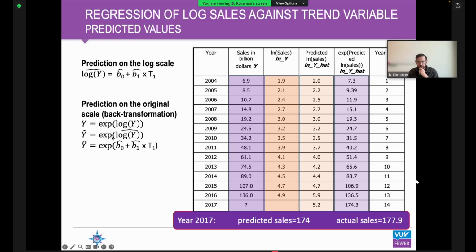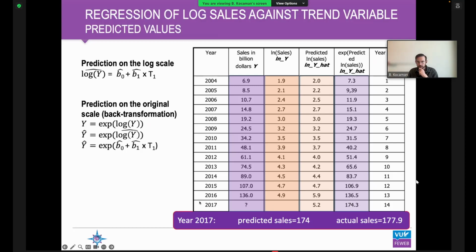So then you can use the exp function in R on the predicted values of the log sales to transform it back to the original y. So when log sales is 2, the sales is apparently $7.3 billion. You do this for all of the observations in your data to get these predictions.